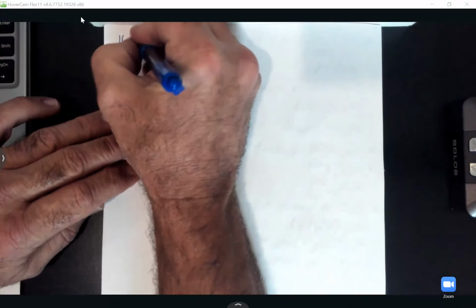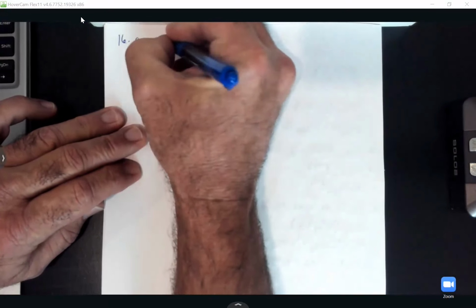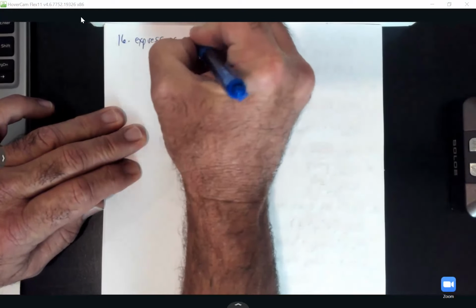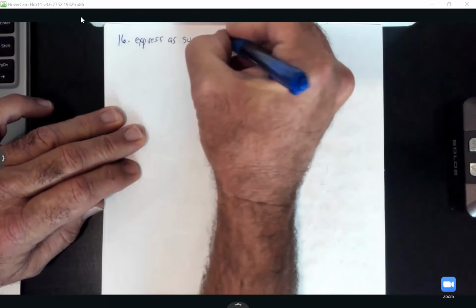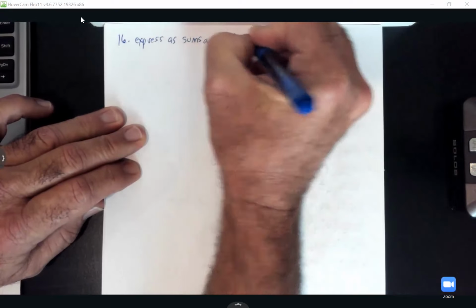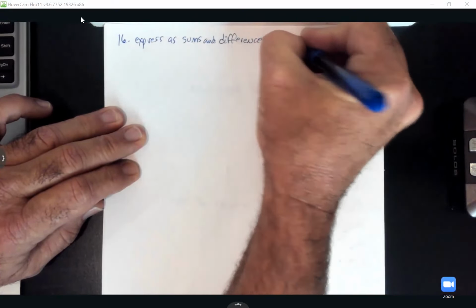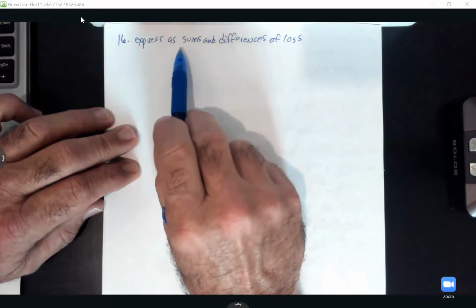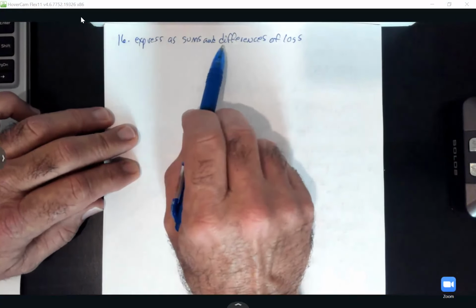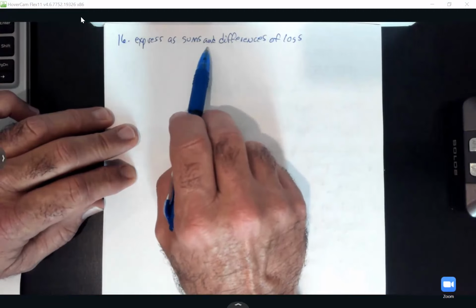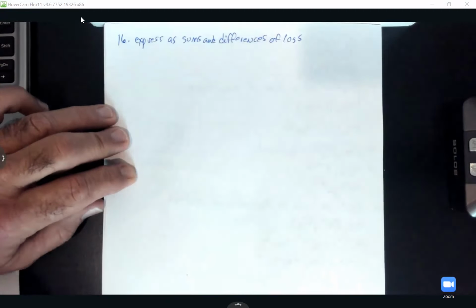All right, 16 is sort of like 15, except this one says express as sums and differences of logs. Remember, a while ago it said sums or differences. This one says sums and differences, so we're going to have both going on.